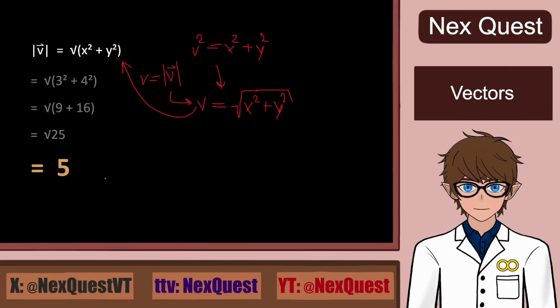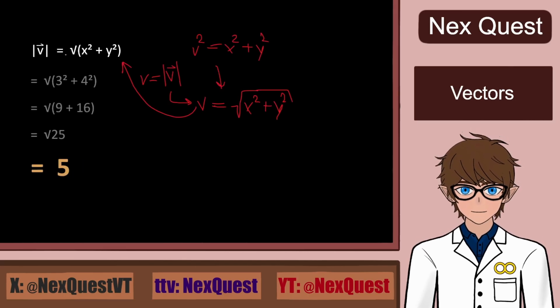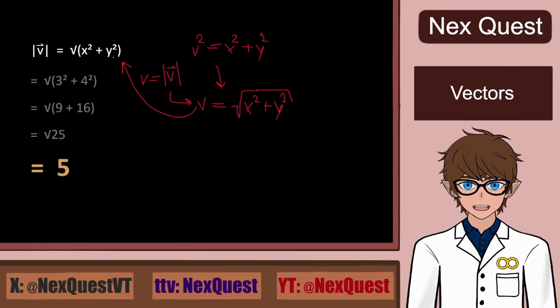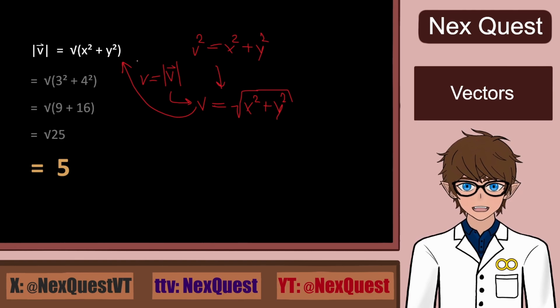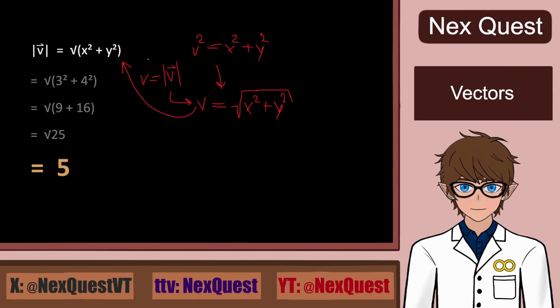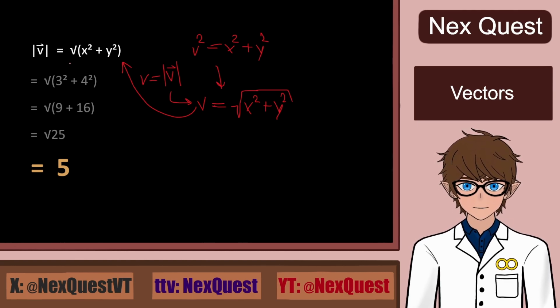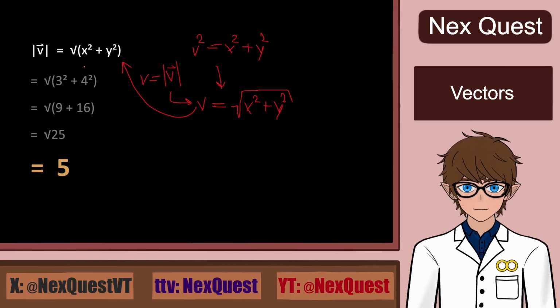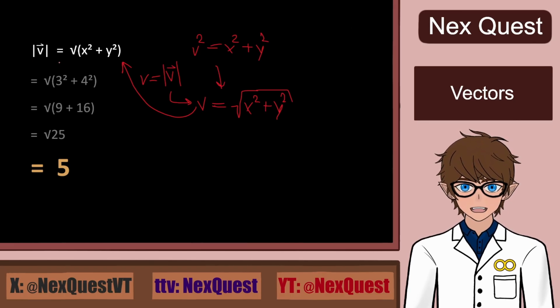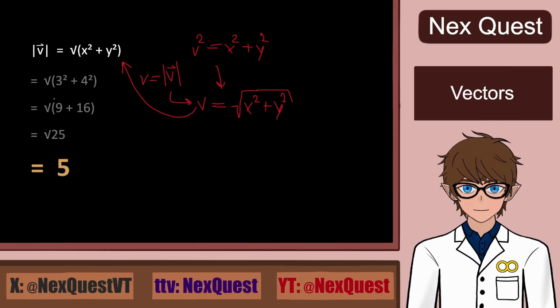It checks out, right? So using the idea, x squared plus y squared is length squared. Then take the square root of both sides, mark that distance with absolute values, and we get the formula. And for example, the vector (3, 4): 3 squared plus 4 squared is 9 plus 16, which is 25, and the square root of that is 5.